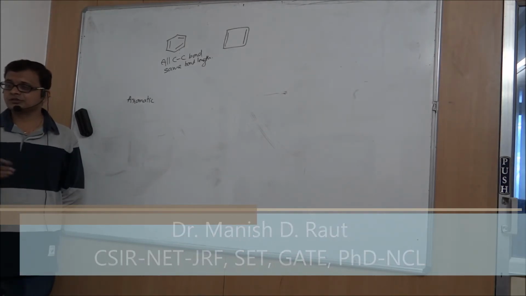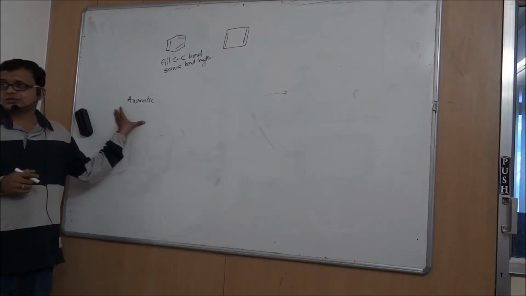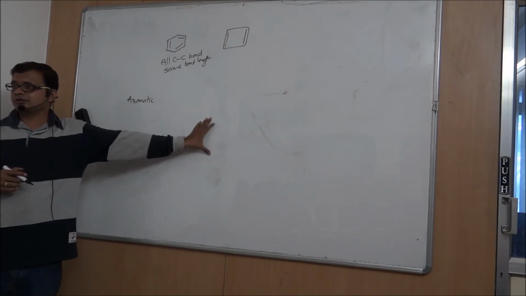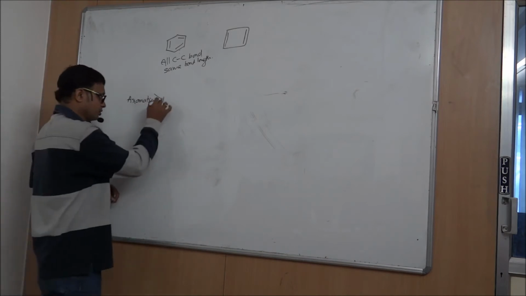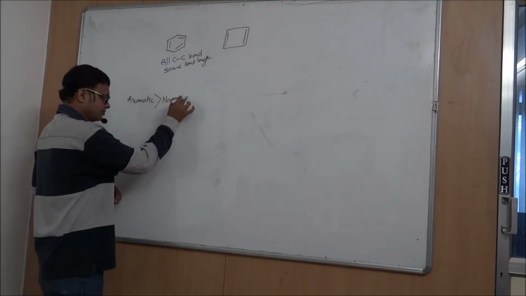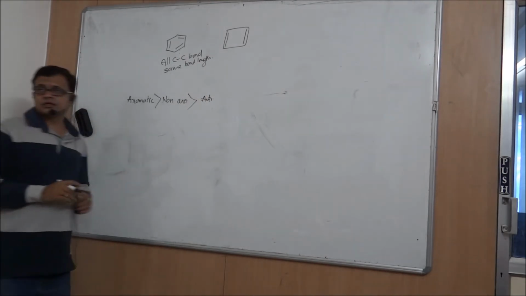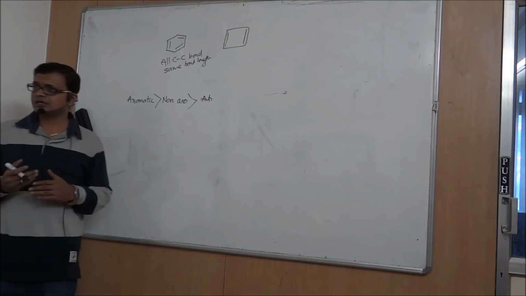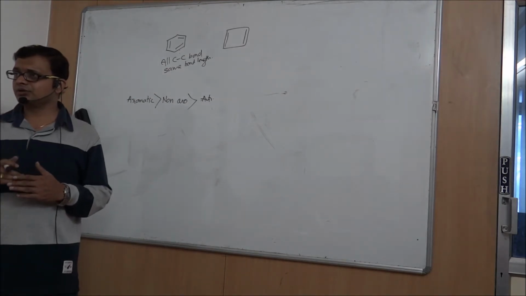So aromatic will be most stable, then non-aromatic, then anti-aromatic. So anti-aromatic will be least stable. So it has a chance to come out of anti-aromatic nature. Okay, so it will try to get that.